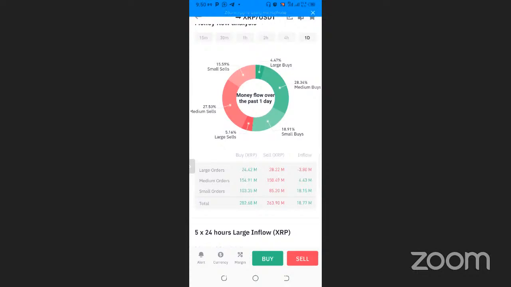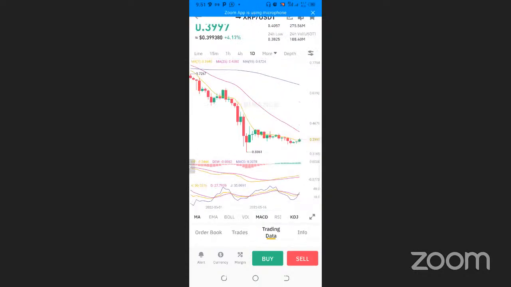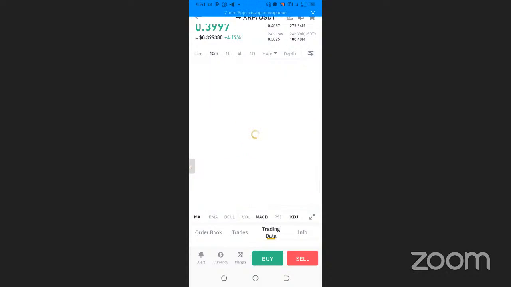So we are having a total market capitalization of 18.77 million, and the middle class and the smaller orders, we are all in profit.